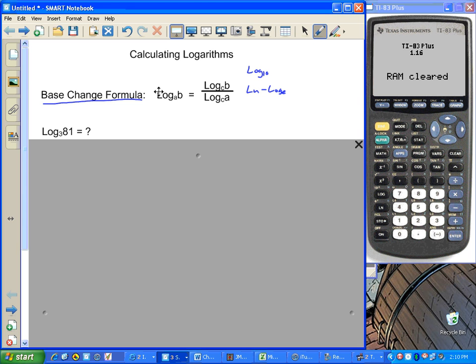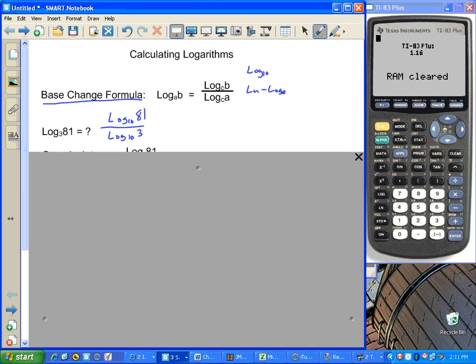It seems kind of weird, but if I rewrite this in terms of log base 10, because log base 10 is my log button on my calculator, I can rewrite this as log base 10 of 81 divided by log base 10 of 3. And that should still give me the same answer.